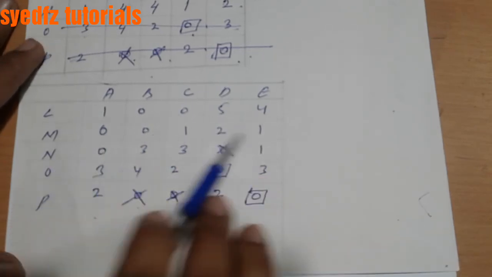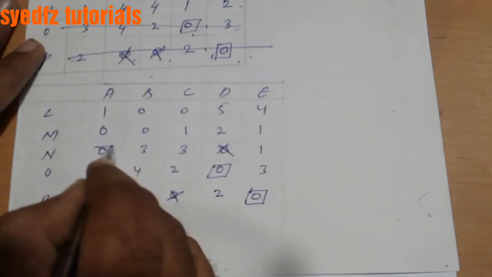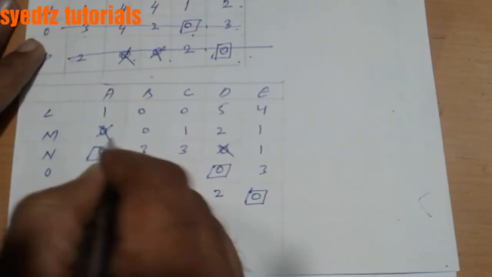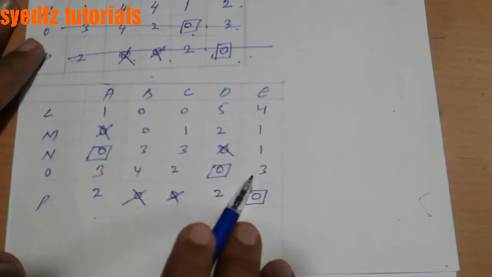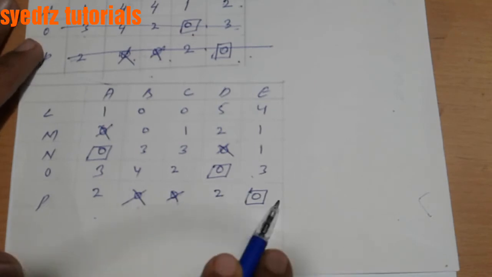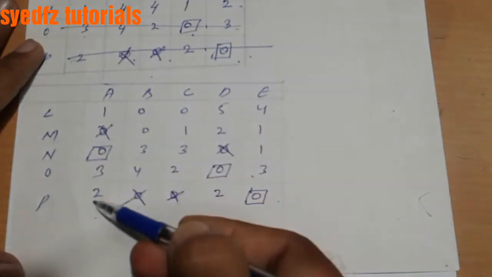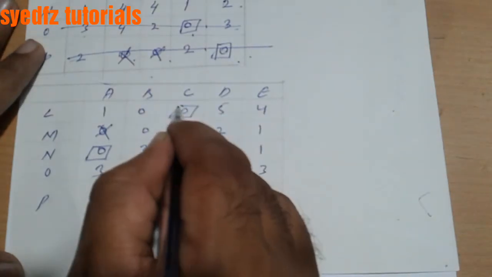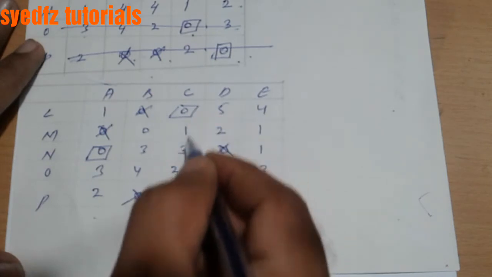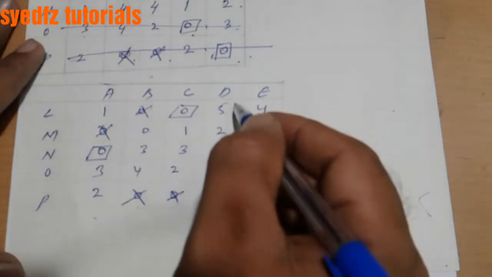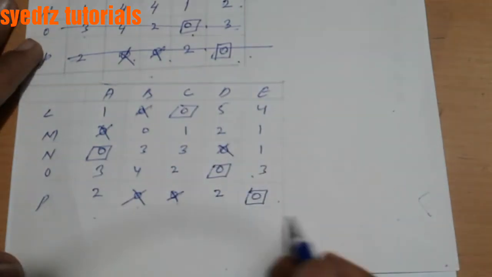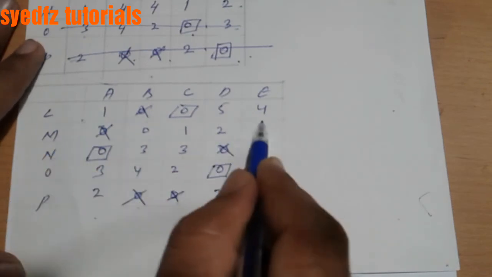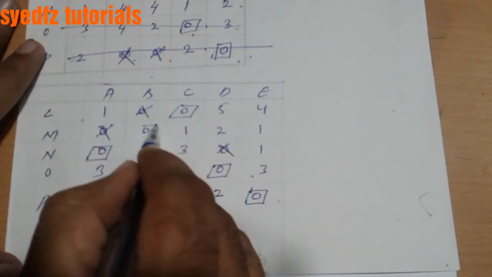Again there is a single 0 row wise, so this will be cancelled. Then again row, no. Now go for column wise. Single 0, here is a single 0, no. Here is a single 0, yes. So mark this one. We don't have any here. So column wise again till the end. Then again row wise, because column is over, again row wise here.